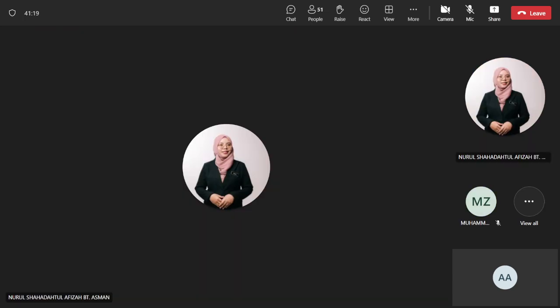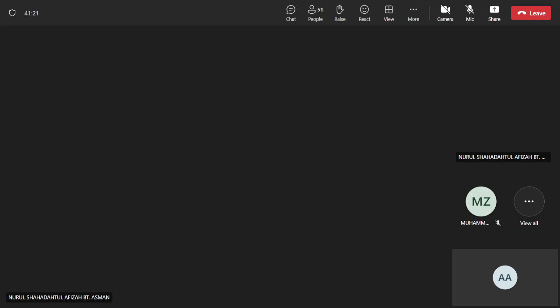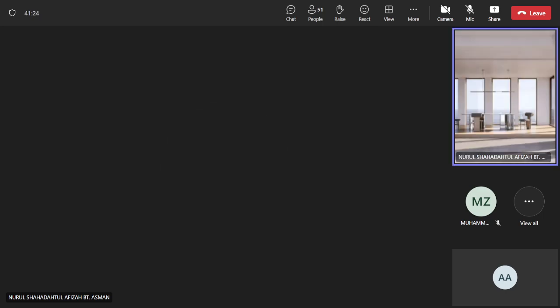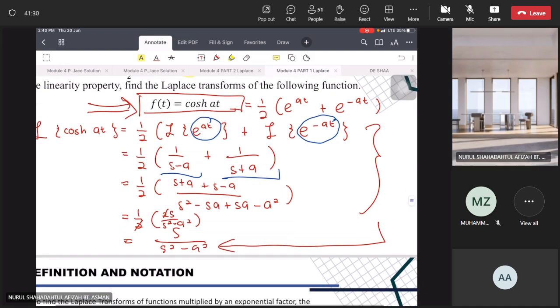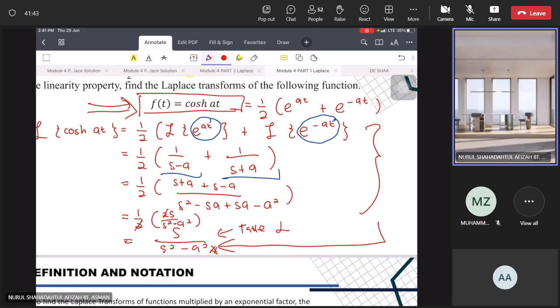Okay, just key in the value. Let's calculate, and then the final answer, we will get this one. So this is the same value as the table of Laplace. So this is the final answer.